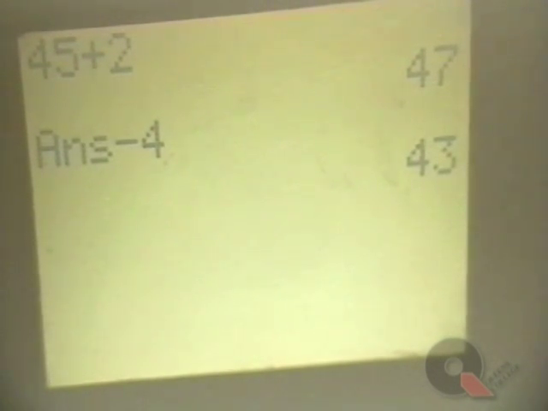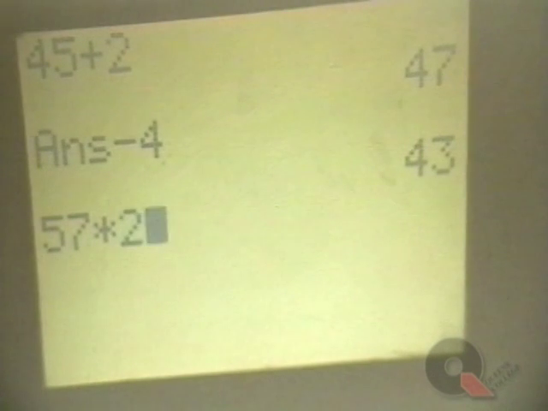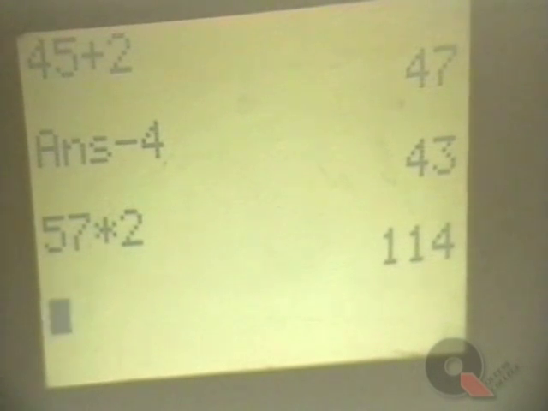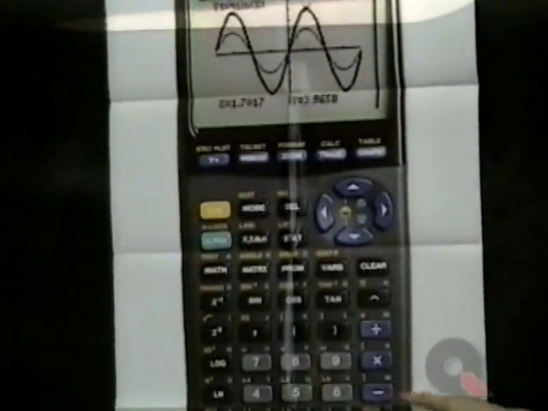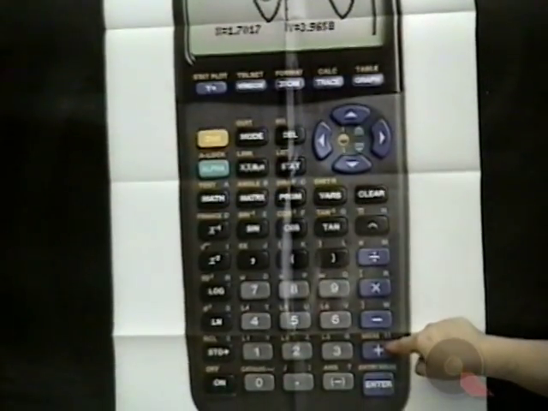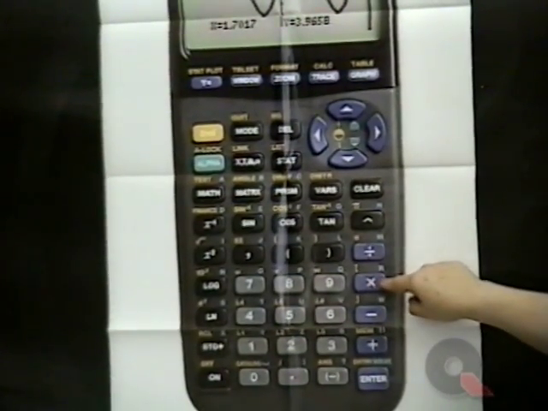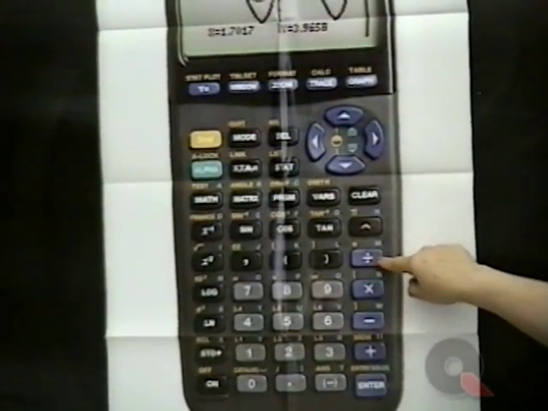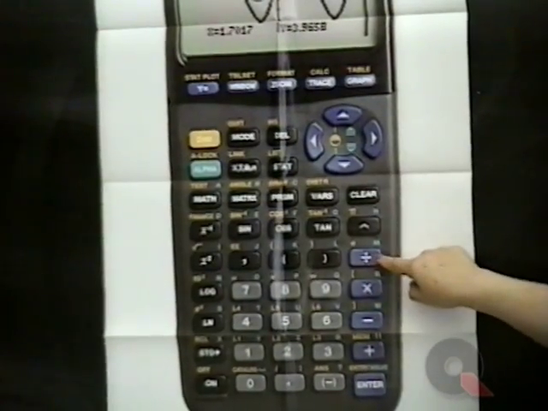Now if I want 57 times 2 and I hit enter, I get 114. The multiplication on the screen appears as an asterisk. On your calculator itself, you have the addition, subtraction, multiplication, and division keys.